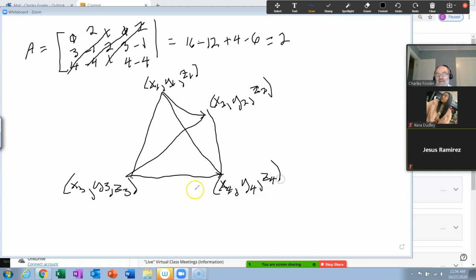Now, to get the volume of that tetrahedron, it doesn't have to be regular, it just has to be a tetrahedron, a four-sided polyhedron. The volume of that is surprisingly, and they have to put the plus or minus here, because depending on which order you chose these points, you may have a positive determinant or a negative determinant.